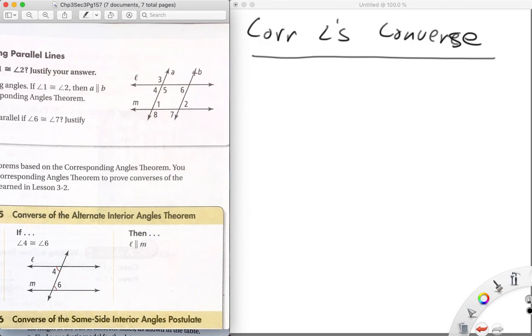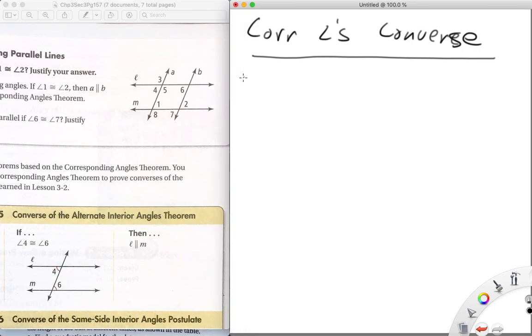Since B is my transversal, that means it's crossing line L and line M. So in order for 7 and 6 to be corresponding and equal, the transversal has to be B, which means the lines that are parallel are L and M. Line L is parallel to line M. That was number 1.